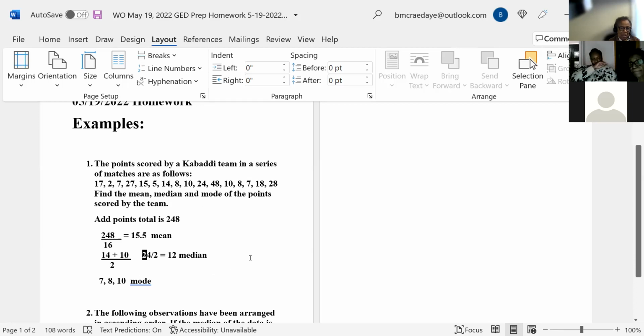Now, Michelle, how do you get the median when there's an even number? You put them in order, from biggest to smallest. Yes, you put them in order, and it could be from largest to smallest, or from smallest to largest, either way.